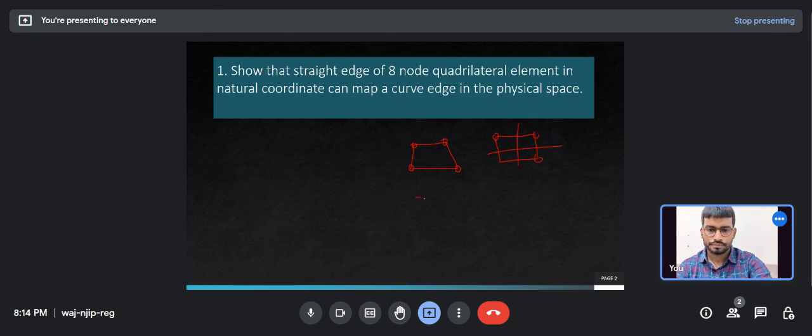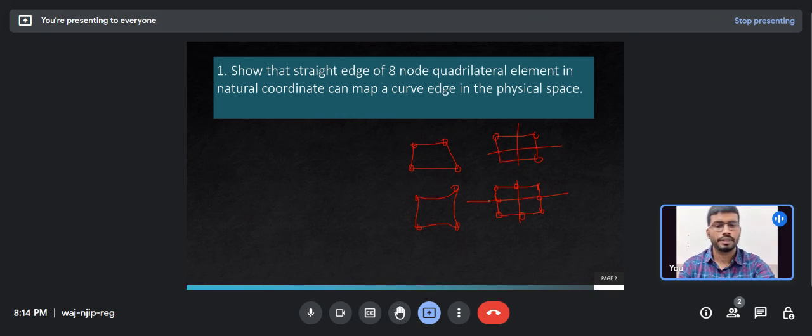But for the curved edges element, you require at least an eight-noded element in the natural coordinate system, right?